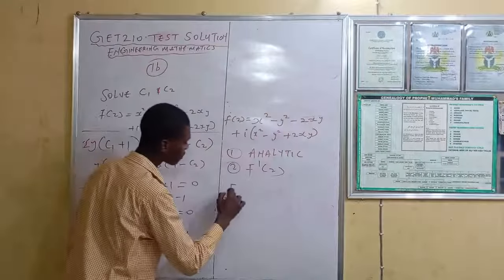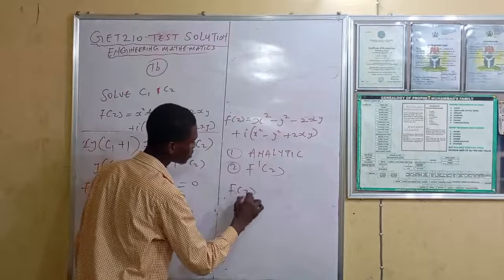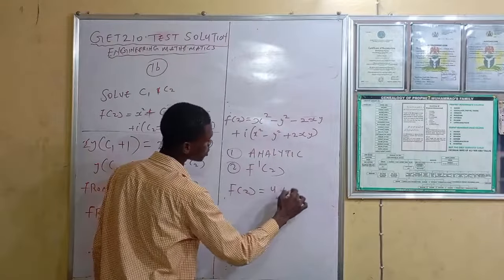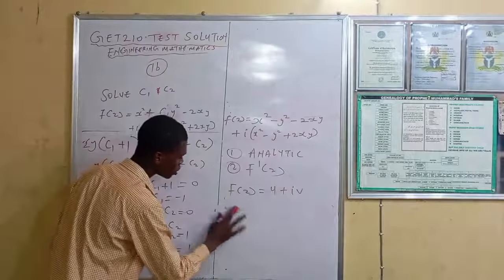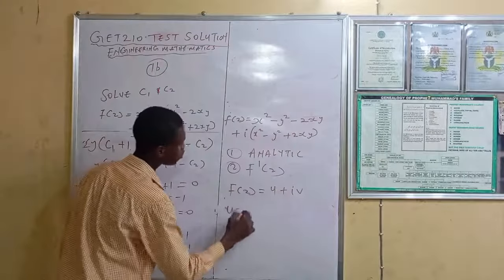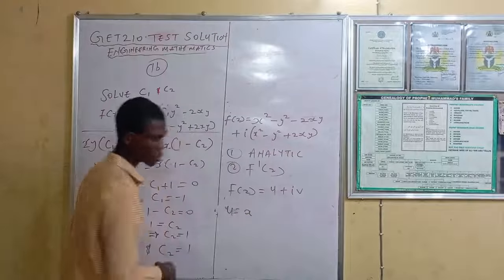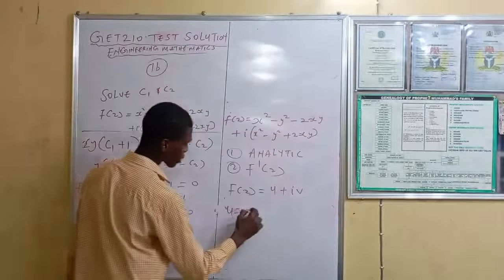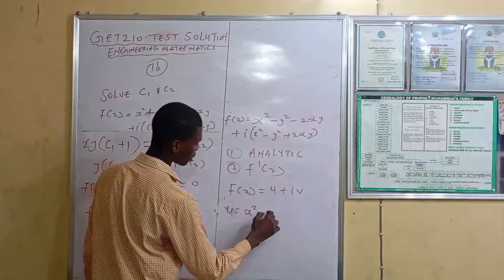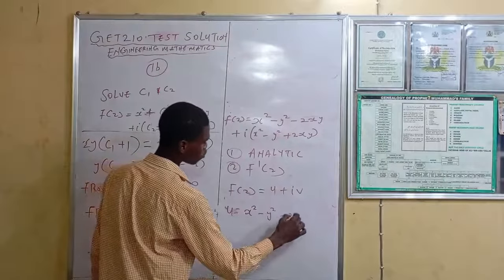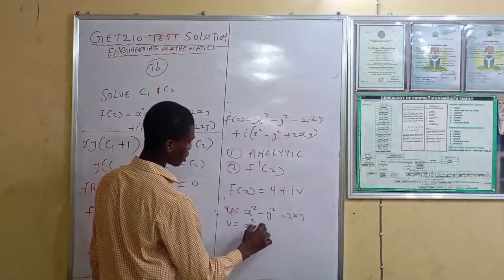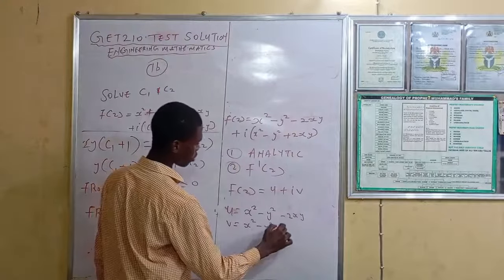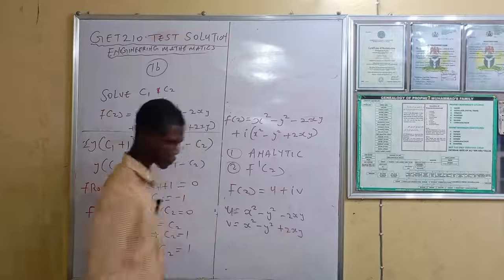And we know that f of z can be written as u plus iv, meaning u is equal to, from here, u will be equal to what? x squared minus y squared minus 2xy. Then v is equal to x squared minus y squared plus 2xy.